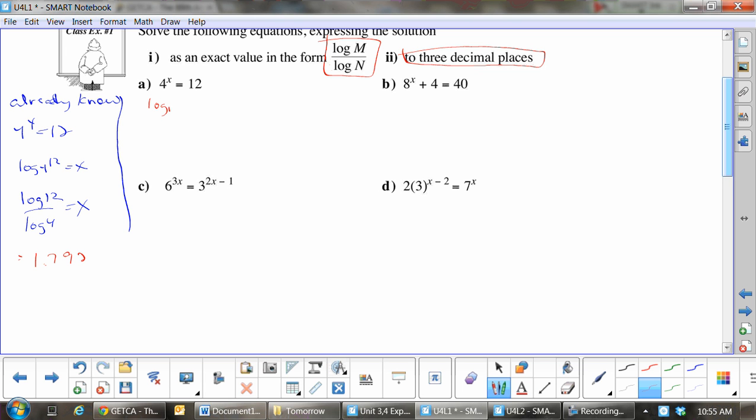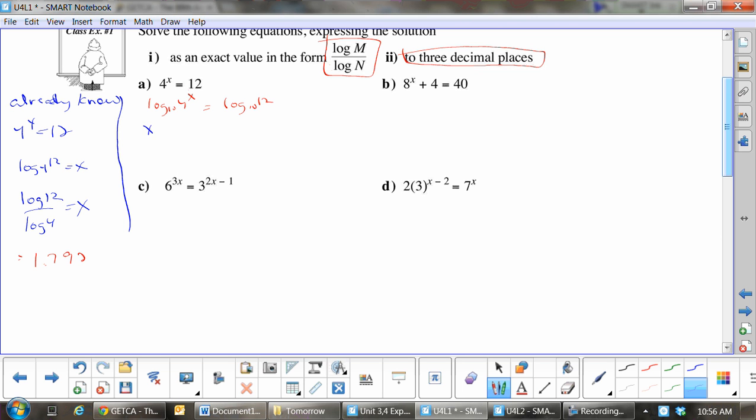Now remember, there's an invisible 10 there, but I'll put it this time: log of 4 to the x equals log of 10 to the 12. Now remember, the 10's actually invisible. But do you see what I've done? I have moved both up, and by moving both up when they're logged, that third level gets to come down.